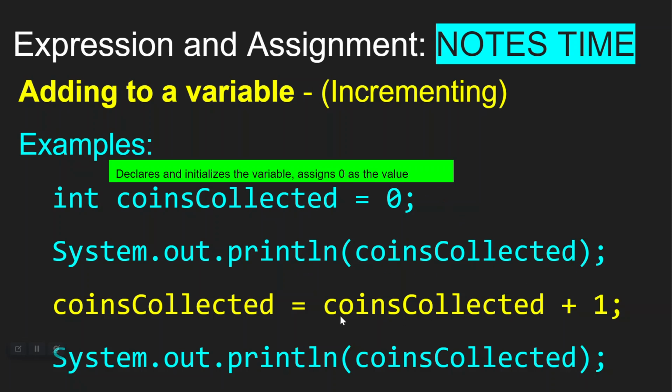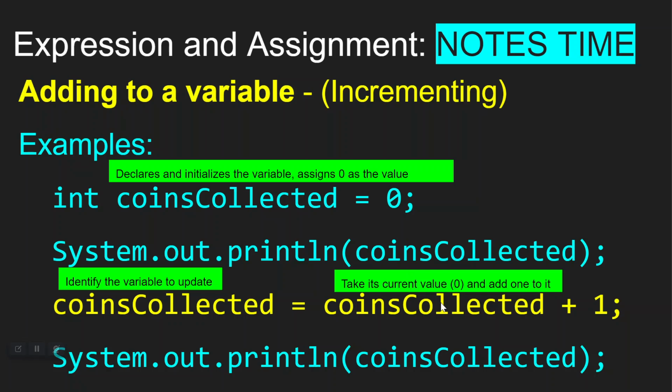But then we get to this line down here that's in yellow. coinsCollected equals coinsCollected plus 1. All right, so what's happening here? Over here, I'm identifying the variable that I want to update. I'm basically saying I don't want this to be 0 anymore. I want it to be more than 0. So the first thing I have to do is identify the variable that I want to update. Then I use the equal sign.